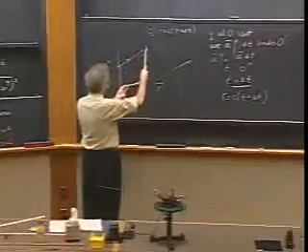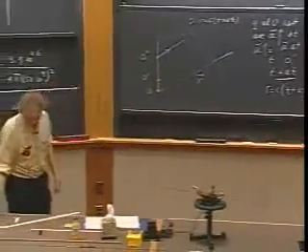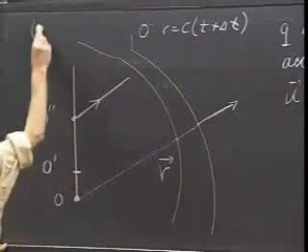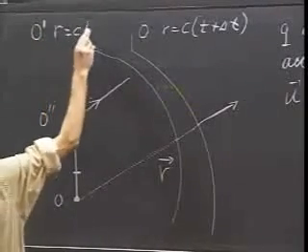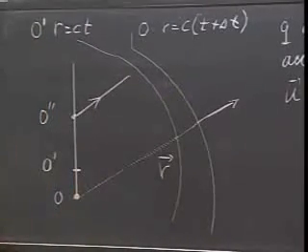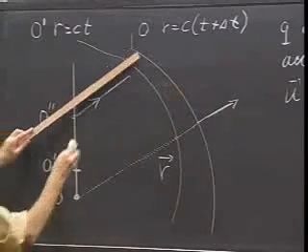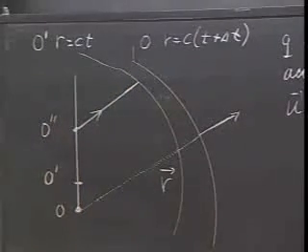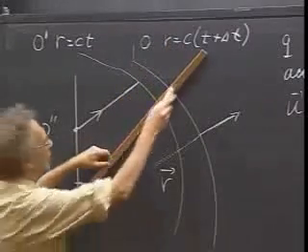This sphere has the origin at O prime, and the radius is ct. Everything inside that sphere recognizes that the field is radially outward from point O double prime, and everything outside here still thinks that the electric field is like this.